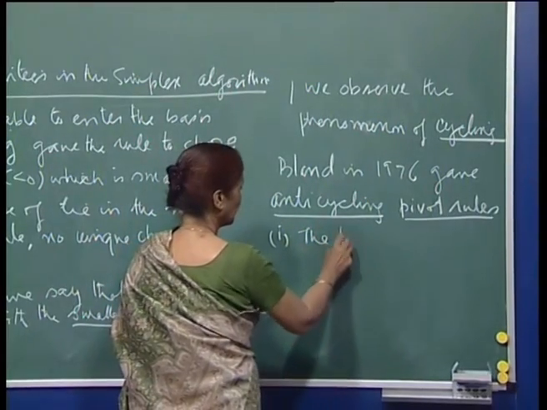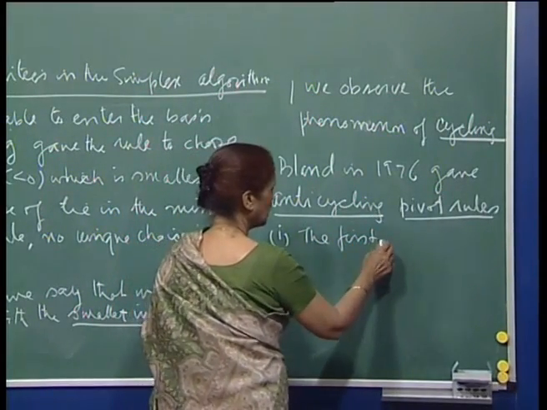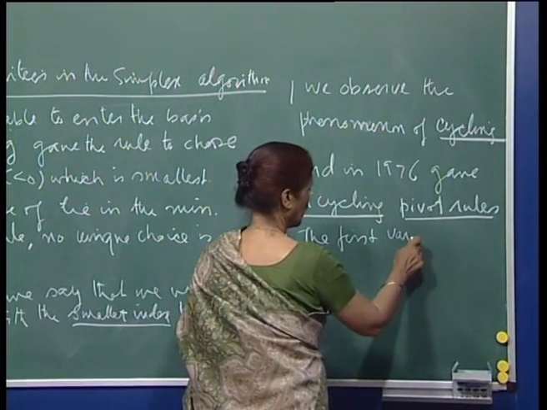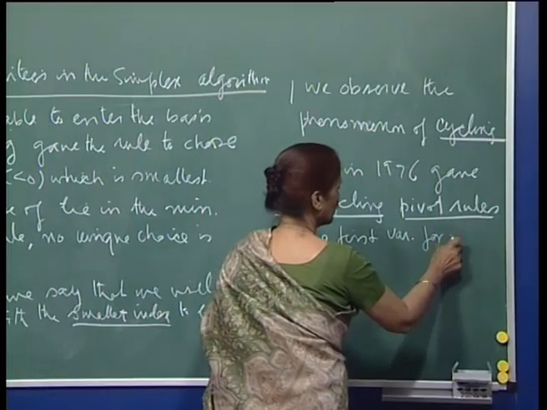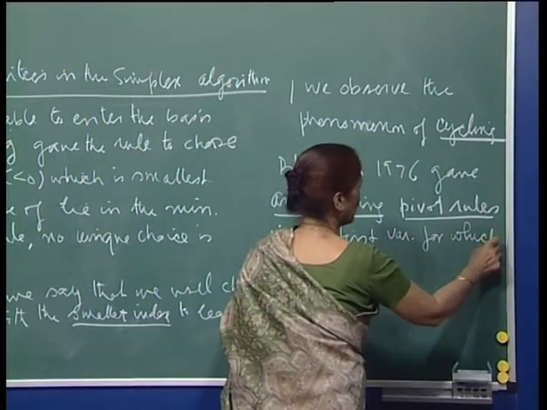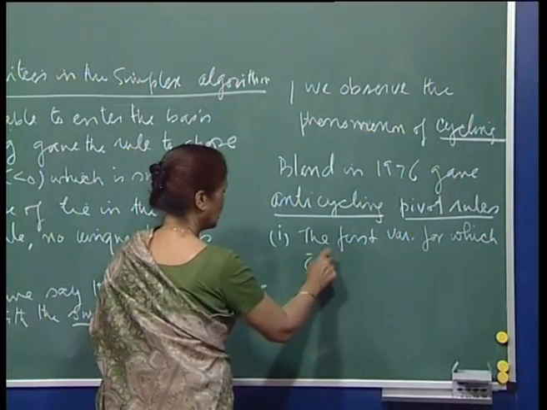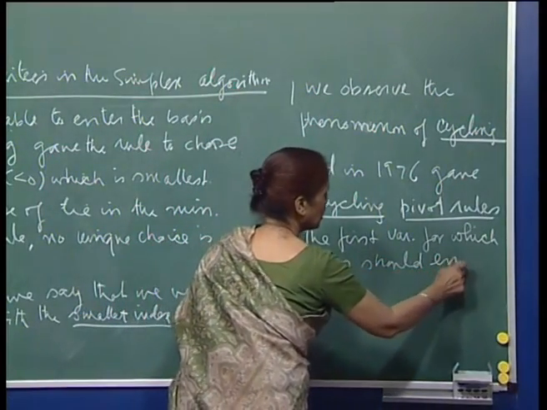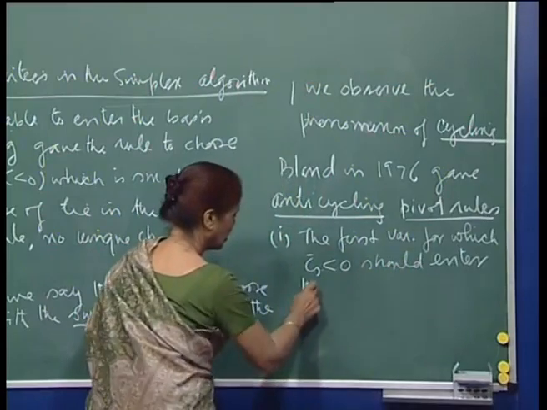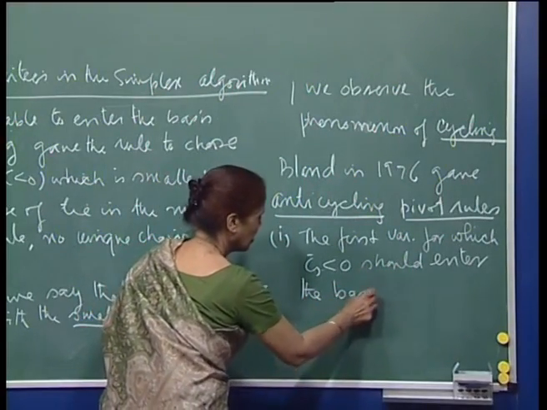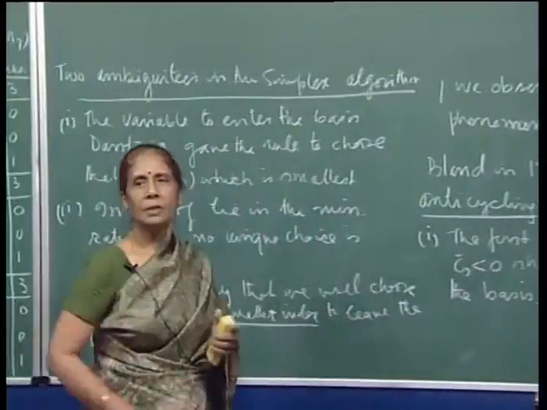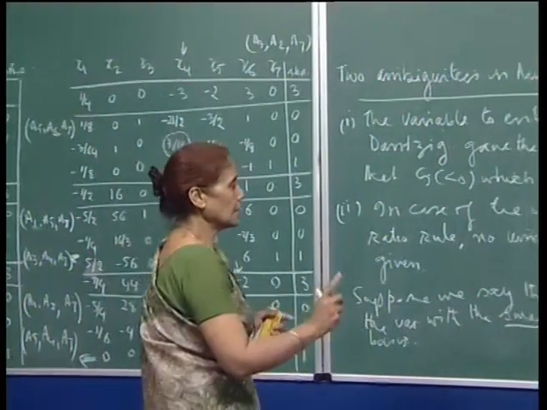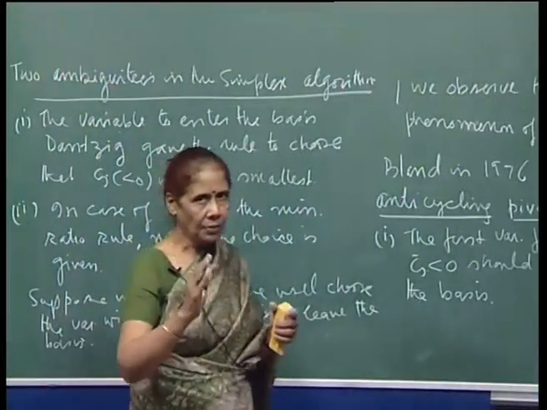The first variable for which Cj bar is less than 0 should enter the basis. This is the change he made. Don't go over the most negative Cj bar, just take the first variable that you encounter.